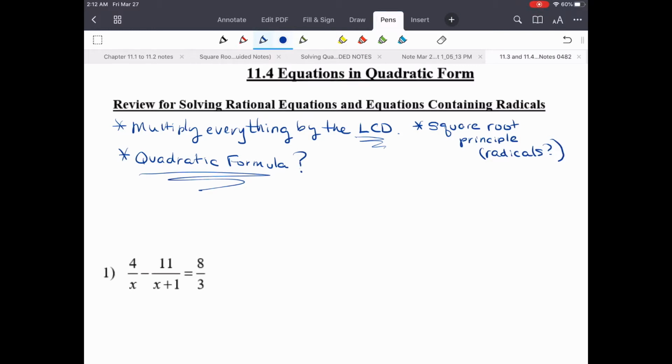When you get to the point where it's in standard form, as a polynomial, it would be okay if you solve it any which way. I'm going to probably stick with the quadratic formula since that is what we're covering in this chapter. But if you find that factoring is just staring at you, go ahead and do that.